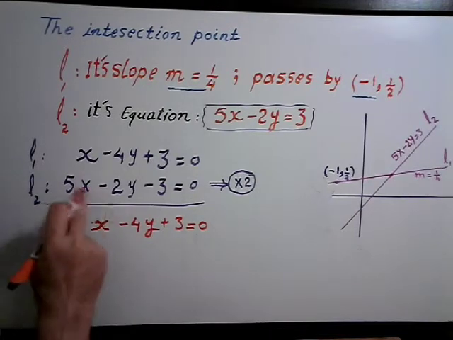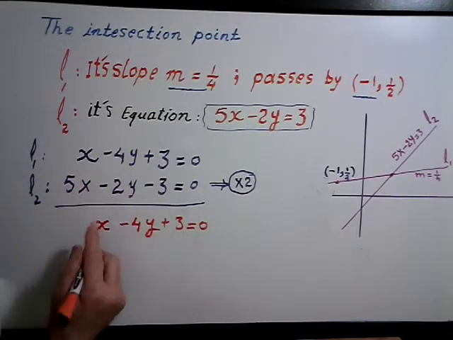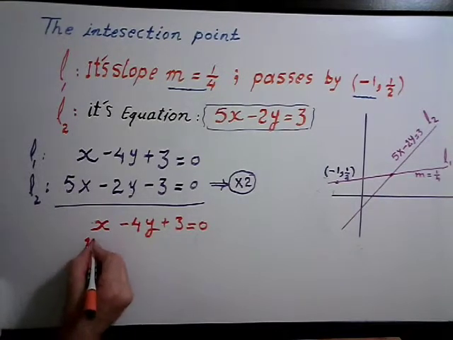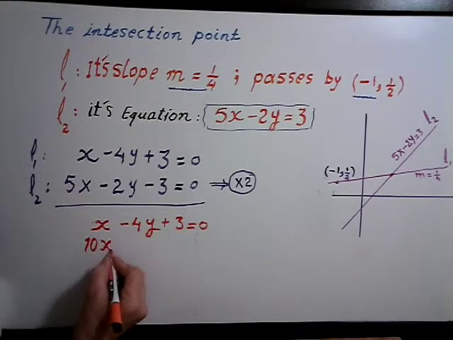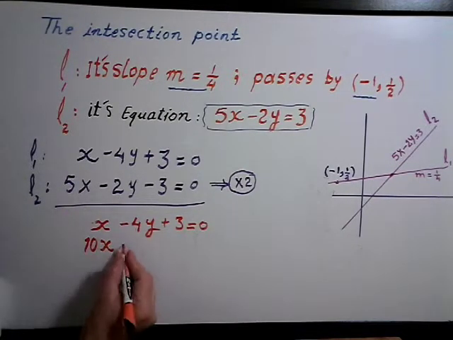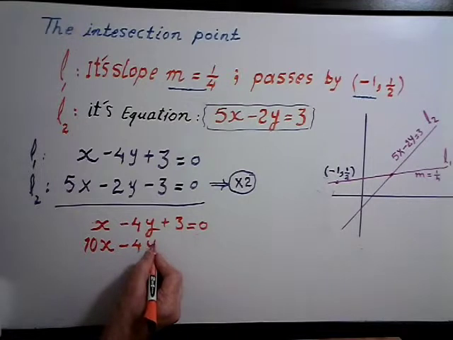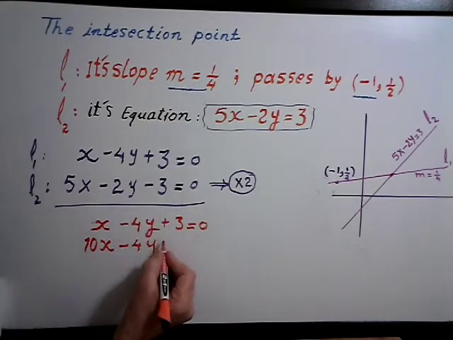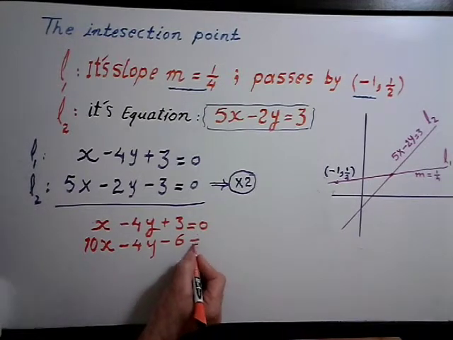And the other equation, after multiplying by 2, will become 10x minus 4y minus 6 is equal to 0.